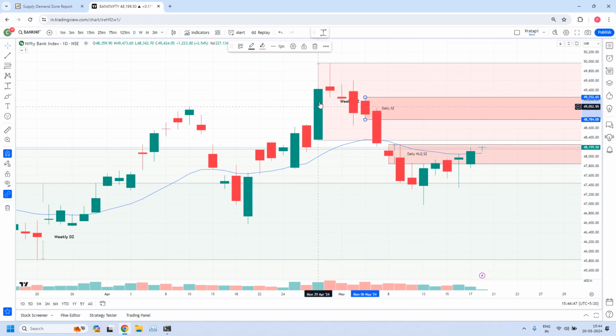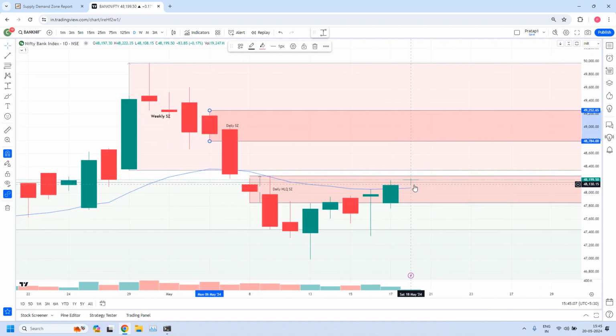And we have one more rally, 2 base candles and drop. But this is again LOTL zone. That means the same daily zone will be extended up to here. When you draw this, first let us limit ourselves to these 2 levels.